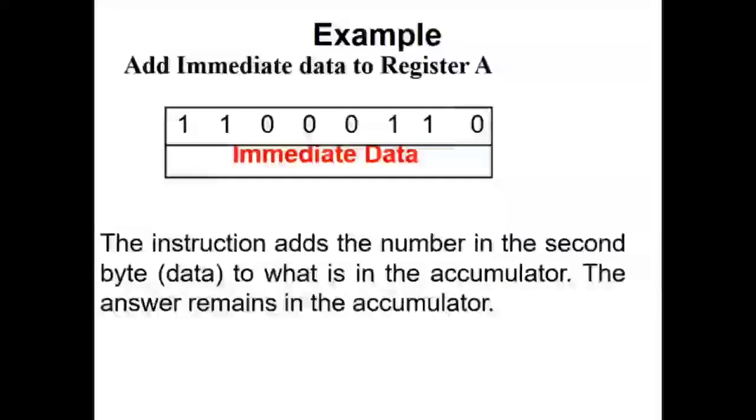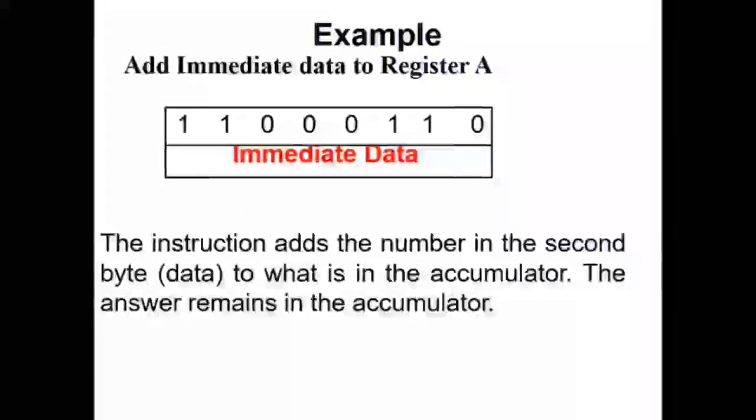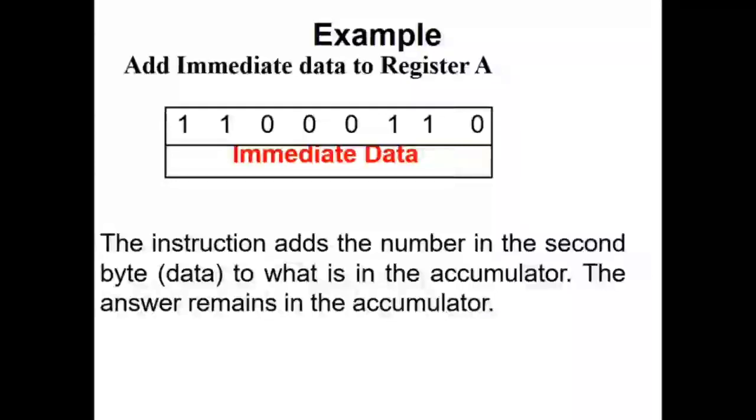D to A, no, that is not right. A is the destination. When you are moving D to A, A is the destination, D is the source.